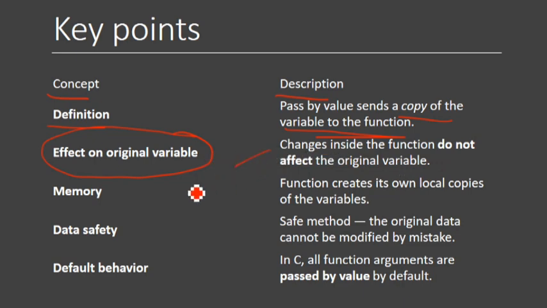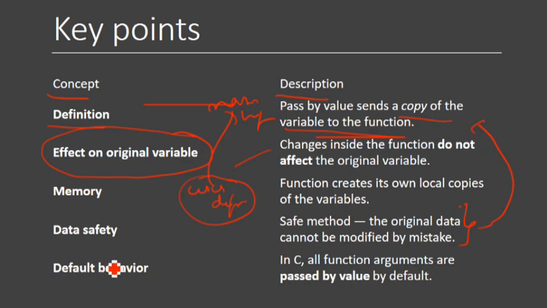Changes are done in the user defined function, but they do not affect the main function. Memory: the function creates its own local copies of the variable. Data safety: it is a safe method. The original data cannot be modified by mistake, because anything you modify inside the function does not reflect on the main program.